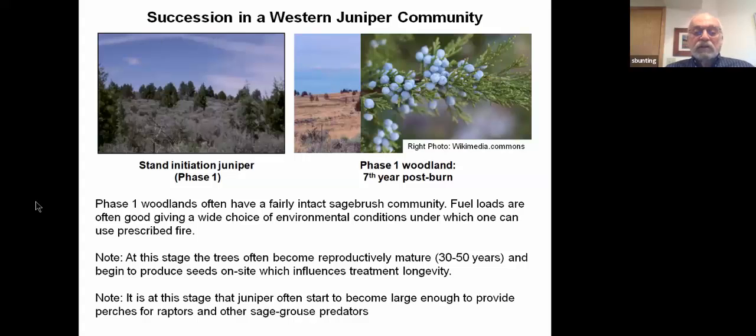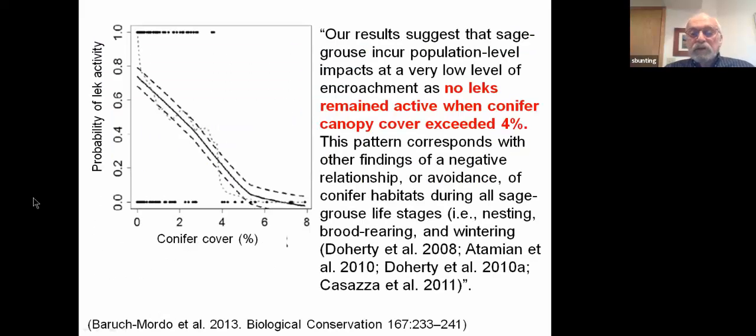This is the stage also that juniper plants start to become tall enough to provide perches for raptors and other kinds of sage-grouse predators. At one time I thought the effects on sage-grouse didn't occur until juniper started to have a dramatic effect on the understory, because this was their forage base and their primary habitat.